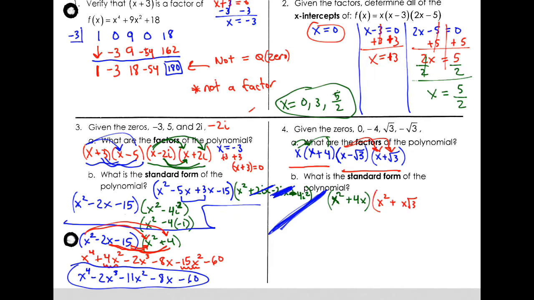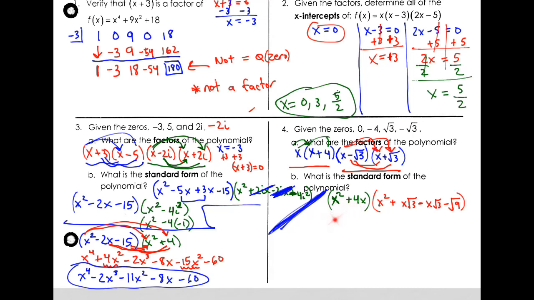And then negative radical 3 times x is a minus x radical 3. And then multiply that, and we have a negative. We're multiplying the numbers under the radical. That gives us a negative radical 9.